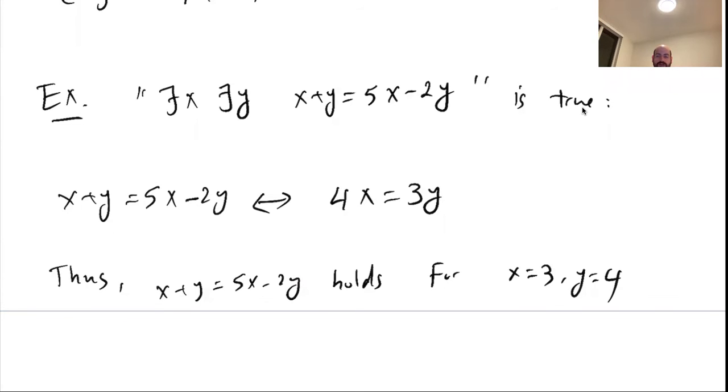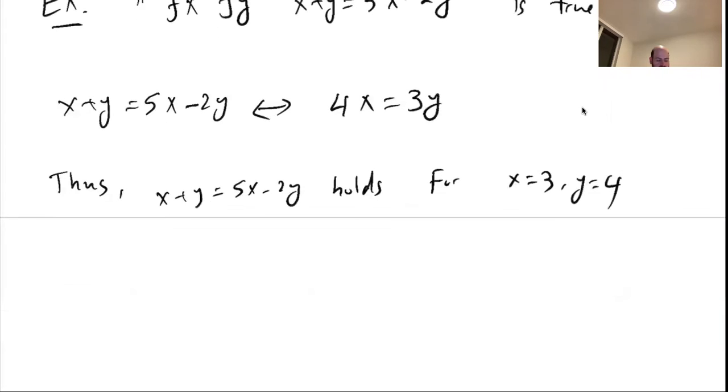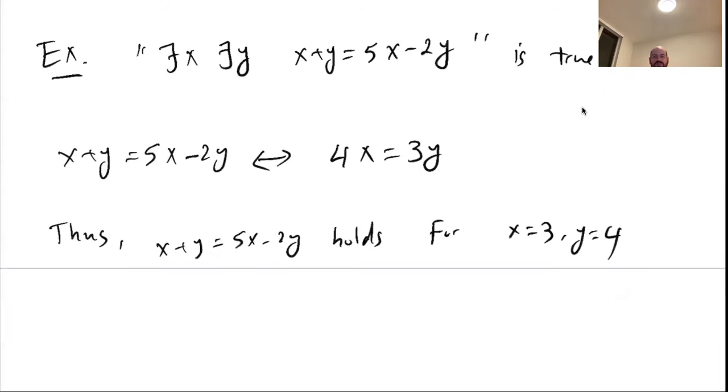So there are so many options for x and y, but one simple option is that I can choose x to be 3, because then 4x becomes 4 times 3, which is 12. And then the right-hand side will become 3 times 4, which is also 12. So I found one pair for which this holds, and that means that this statement is true.